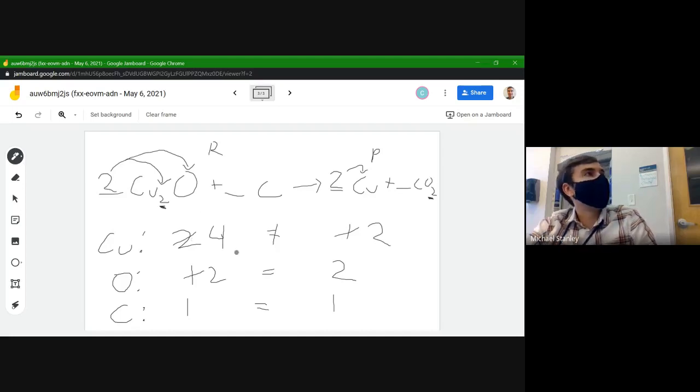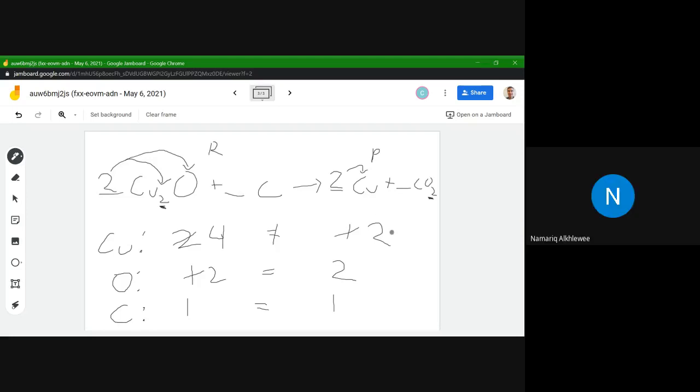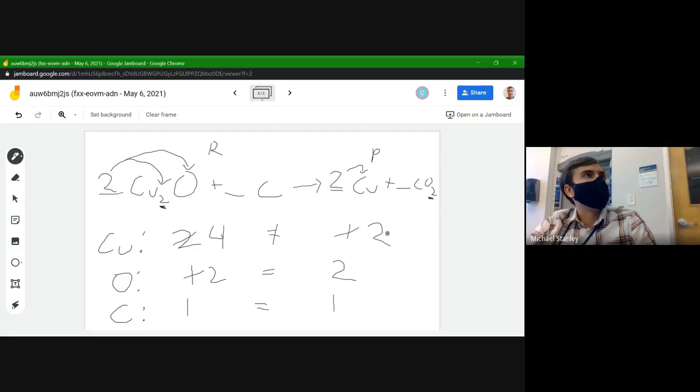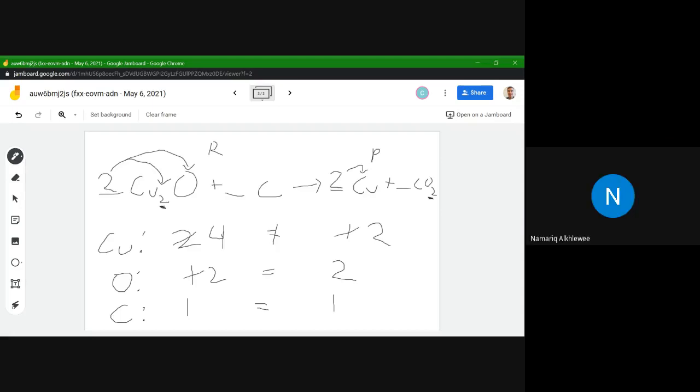But now we have 4 Cus on the reactant side. Yeah, you can put 2 Cu on the product side. So what, instead of having this 2 over here, is there anything we could change this into so that we could have 4 on the product side? Change the Cu side.